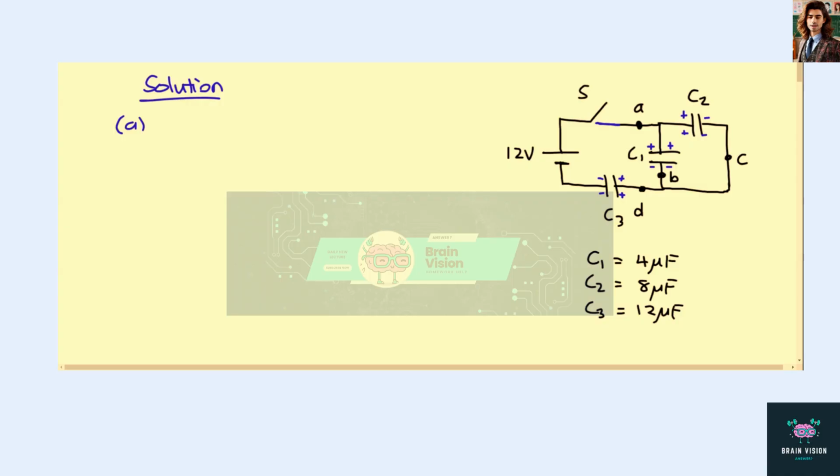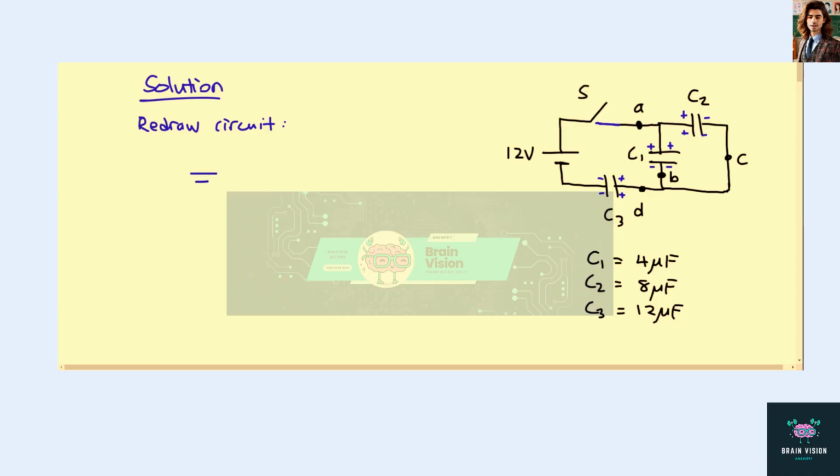To find the number of electrons that travel through points A, B, C, and D, we first redraw the circuit by finding the equivalent capacitance.